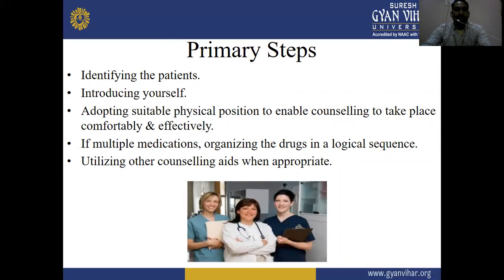Next one, primary steps of patient counseling. First of all, identifying the patient, and then introducing yourself, which means the pharmacist introduces themselves. Next, adopting a suitable physical position to enable counseling to take place comfortably and effectively.